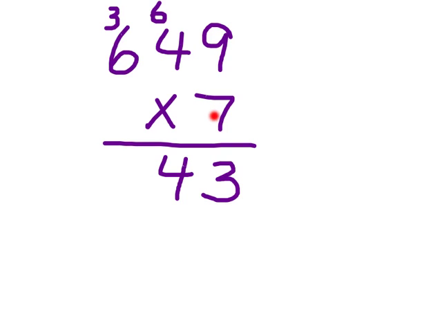And finally, I got 7 times 6, which is 42, plus the 3 makes 45. So I put in my 45. So 649 times 7 is equal to 4,543.